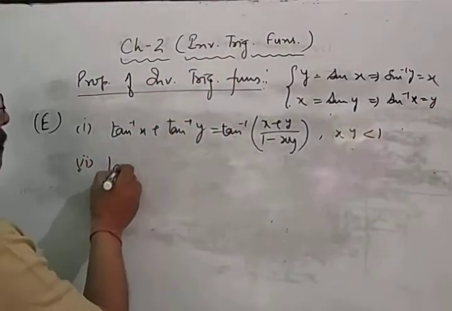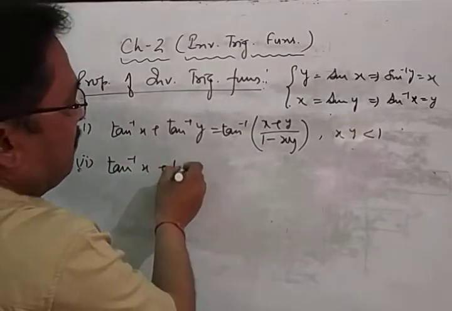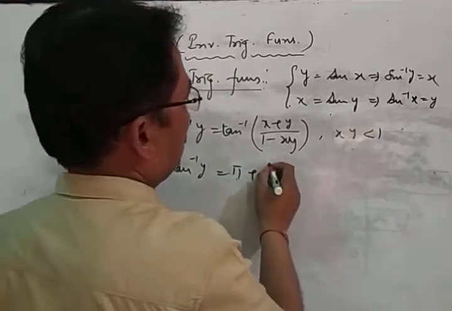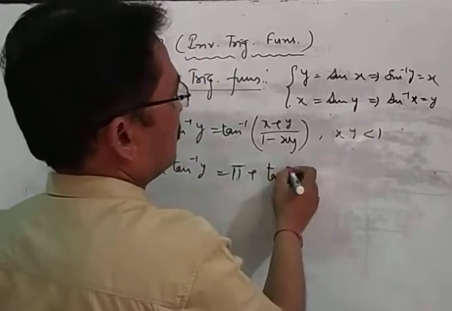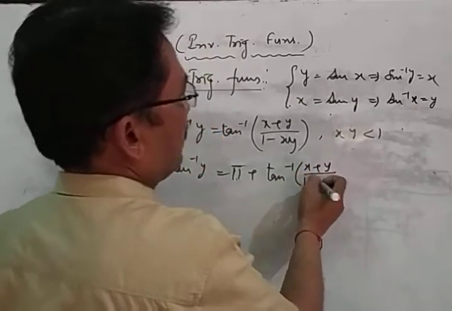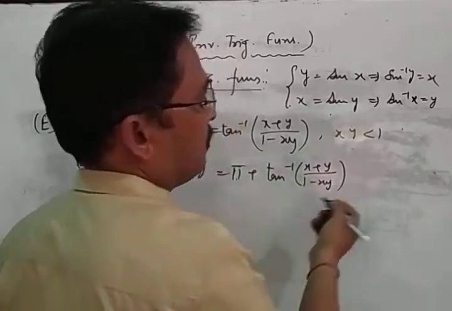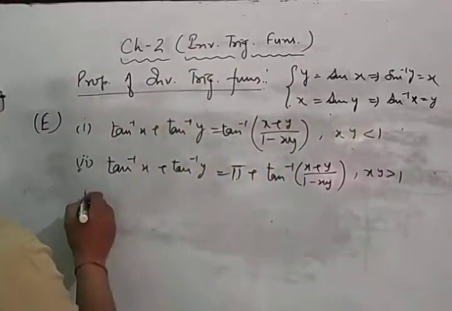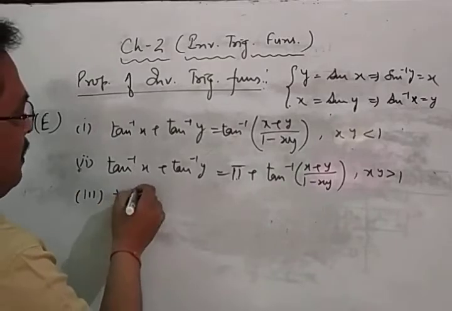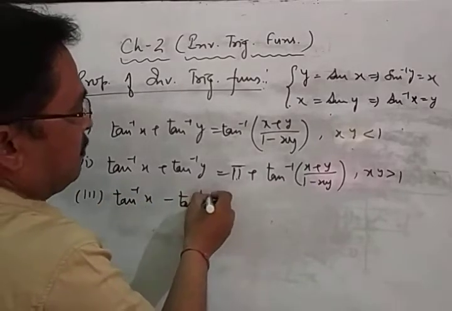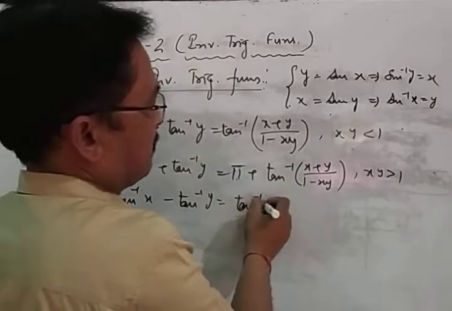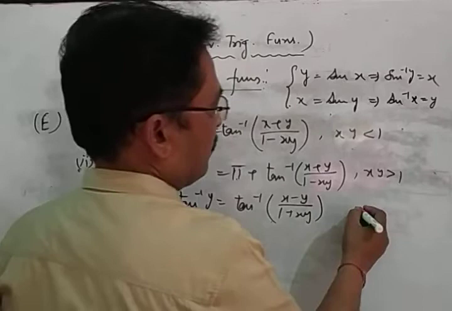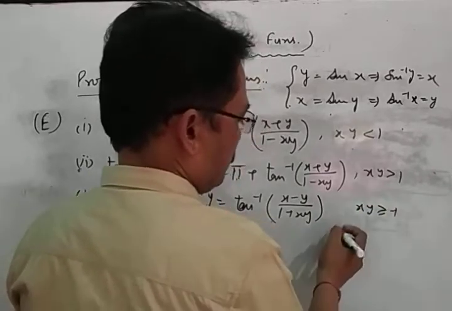Second, tan inverse x plus tan inverse y is equal to pi plus tan inverse x plus y upon 1 minus xy when xy is greater than 1. And third one, tan inverse x minus tan inverse y is equal to tan inverse x minus y upon 1 plus xy when xy is greater than or equal to minus 1.